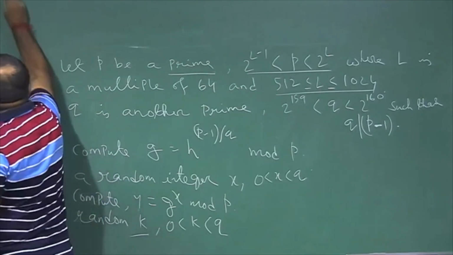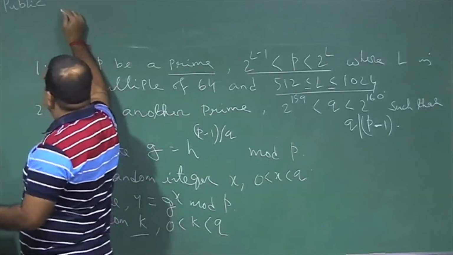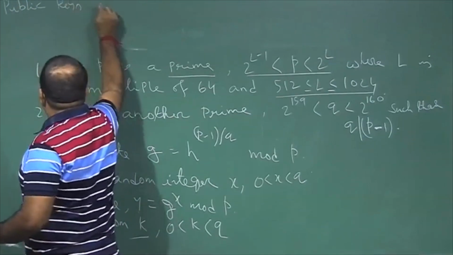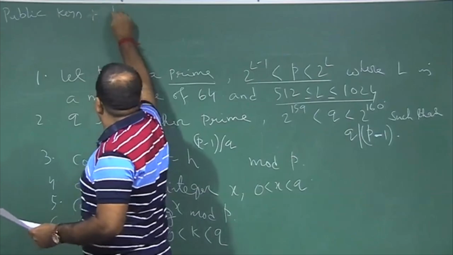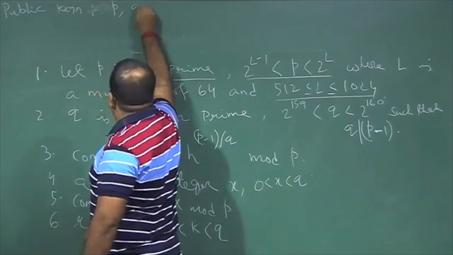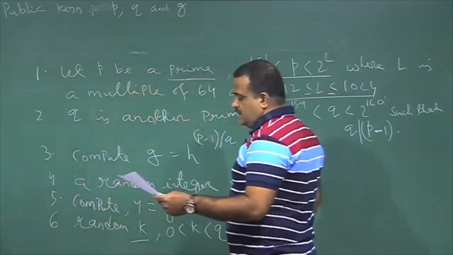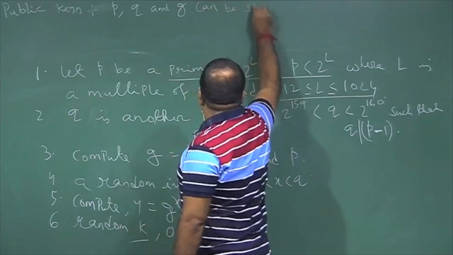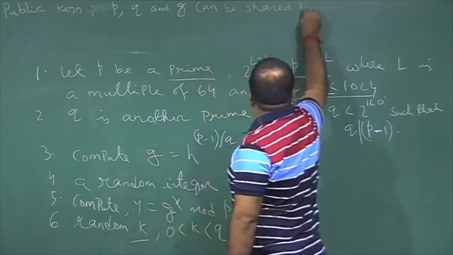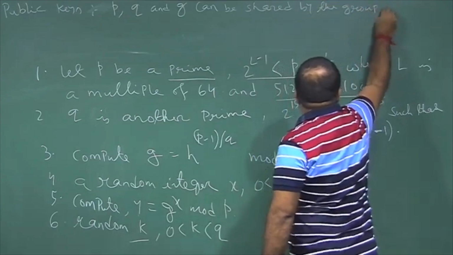So, the public keys basically are P, Q and G. These can be shared by the group of users.